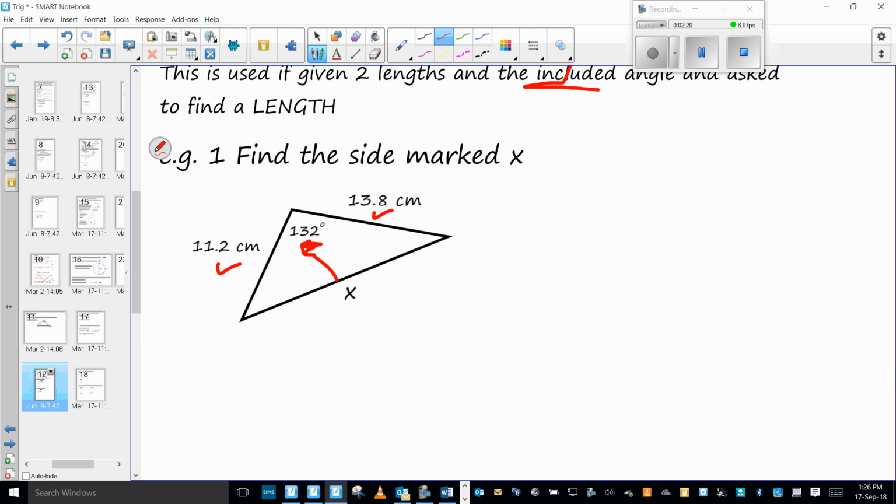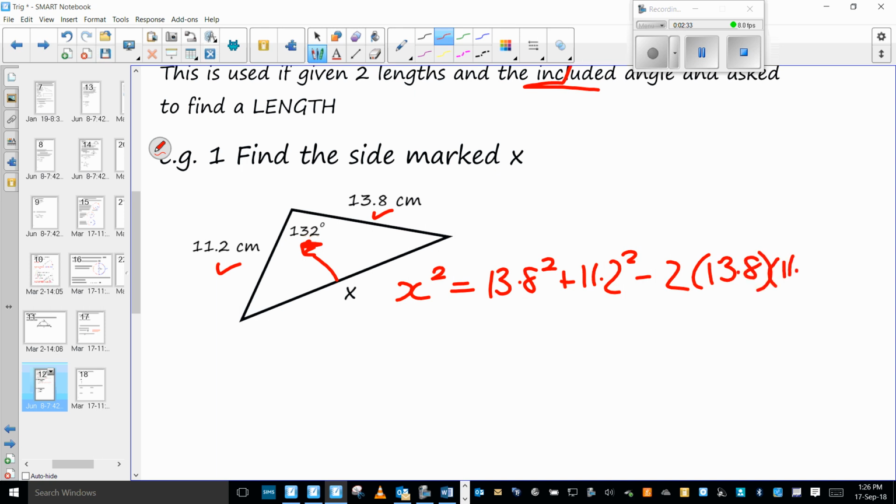So we would have x squared equals 13.8 squared plus 11.2 squared minus 2 times 13.8 times 11.2 times cos 132.